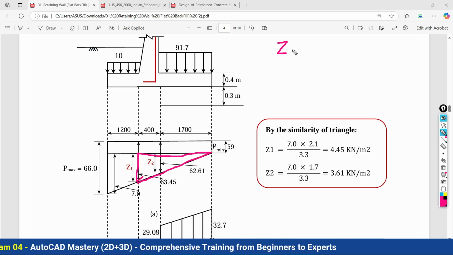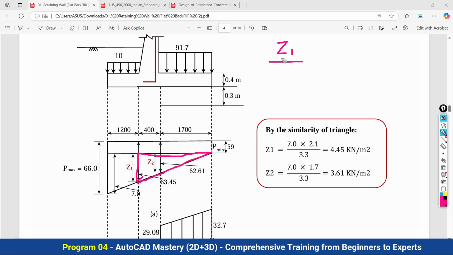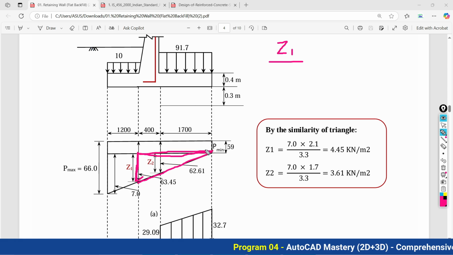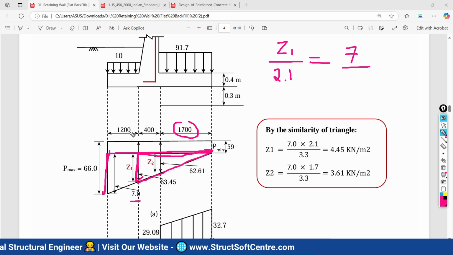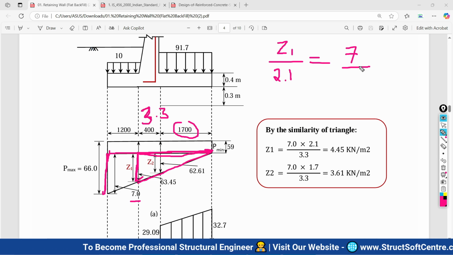So small triangle height Z1 divided by small triangle base, 1.7 plus 0.4, which becomes 2.1, equals big triangle height 7 divided by big triangle base, which is 3.3.